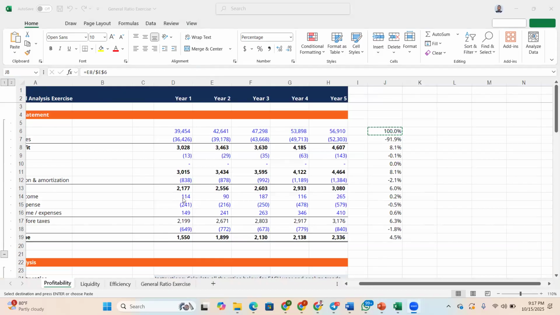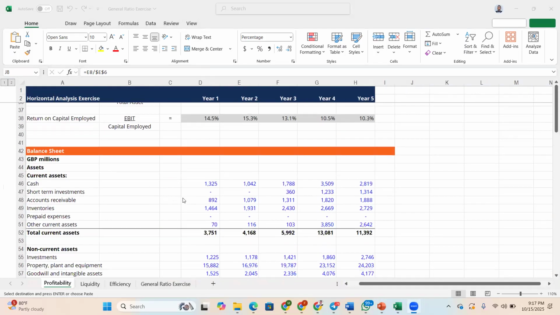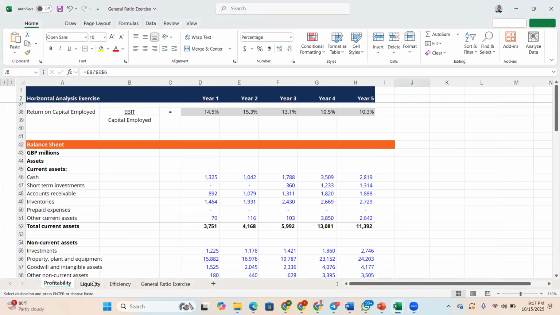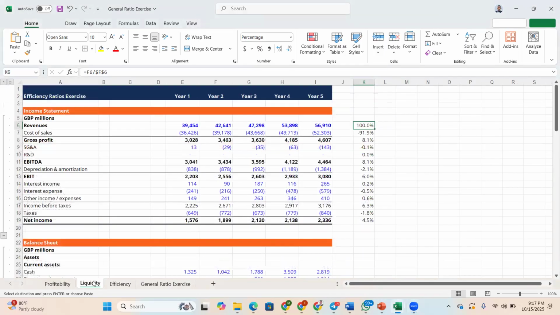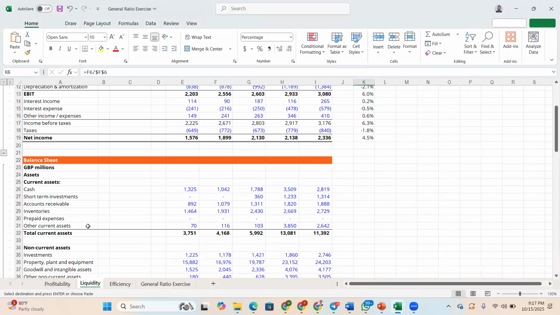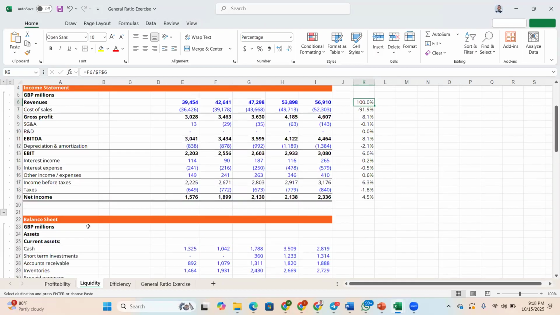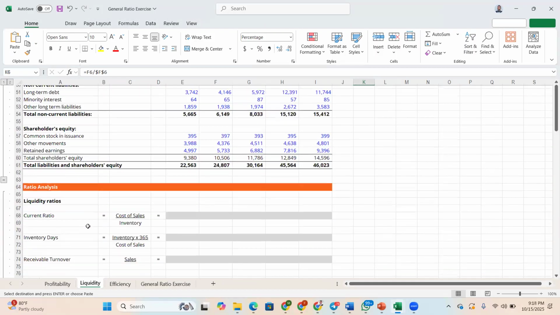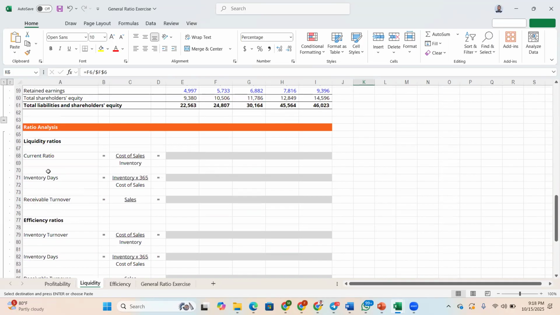So let's go to the next, which is liquidity. We don't have much time. Liquidity is what we are looking at now. For liquidity, we have the current ratio. Current ratio is current assets divided by current liabilities.